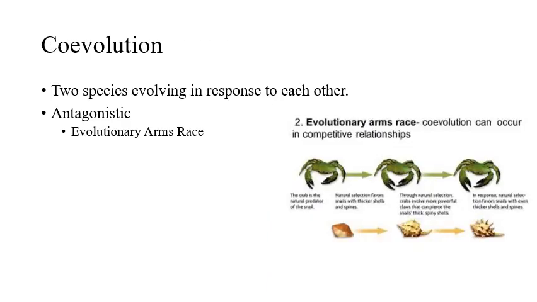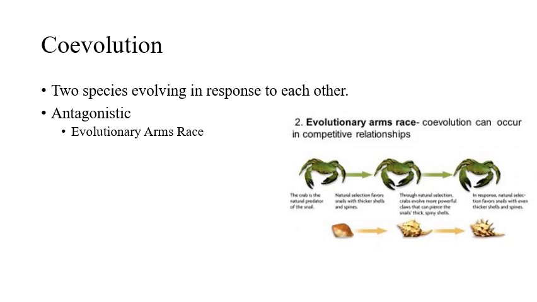So coevolution is basically when two species evolve in response to each other. It could be a mutualistic relationship, but oftentimes it's an antagonistic relationship, and that tends to be the evolutionary arms race. So, you know, the crab eats the periwinkle, the snail.